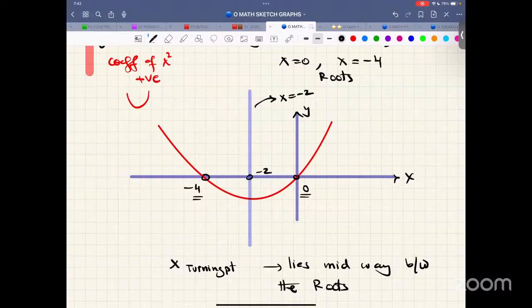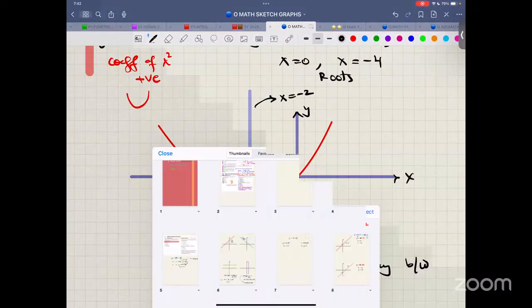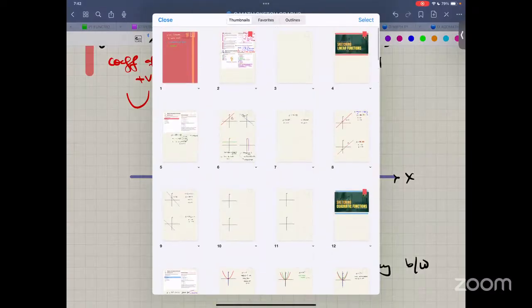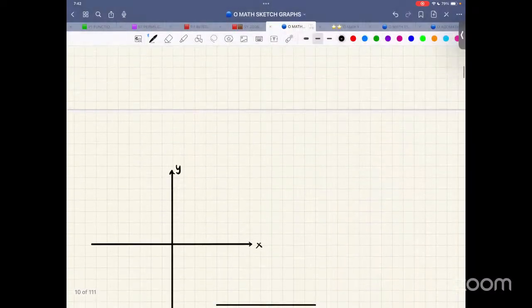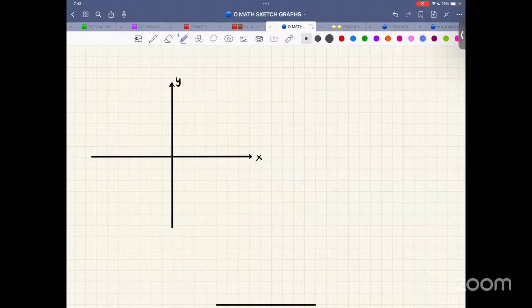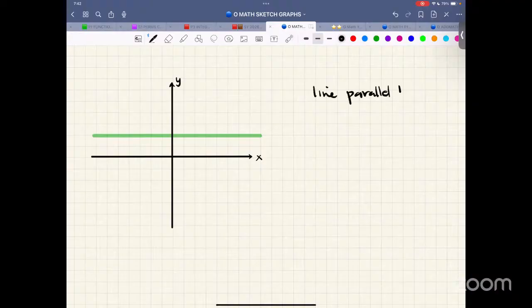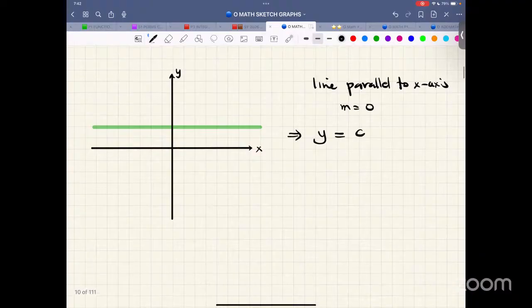Yes, I need to go back a bit, and that is in the linear thing, that when we are drawing a line and the line is parallel to the x-axis, the gradient is 0. So y equals mx plus c becomes y equals c.